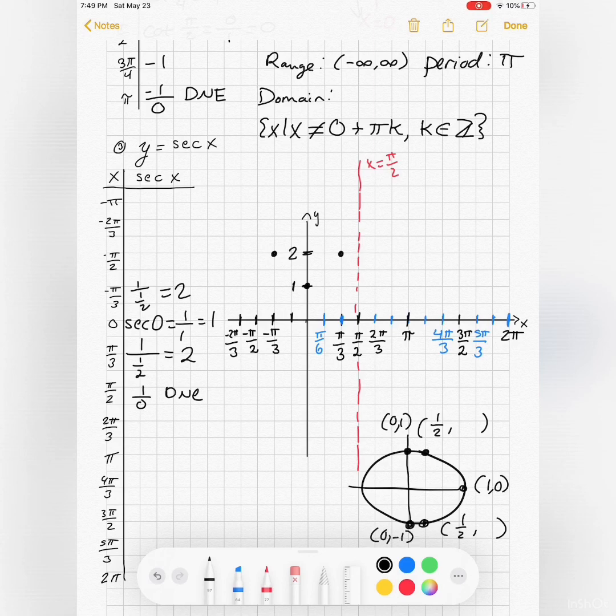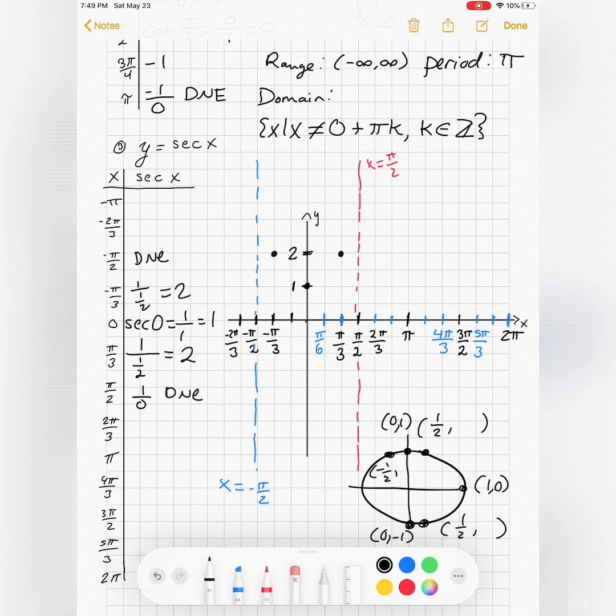It's going to be another vertical asymptote. So you can kind of start to see the pattern. Okay, what about 2 pi/3?